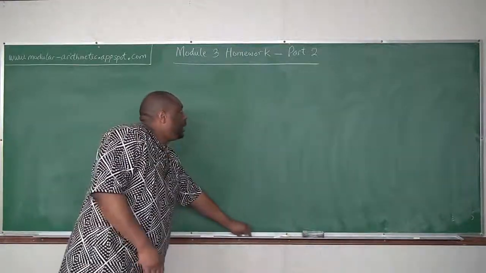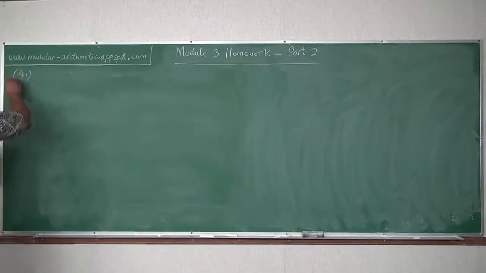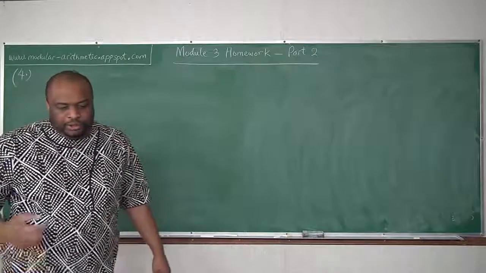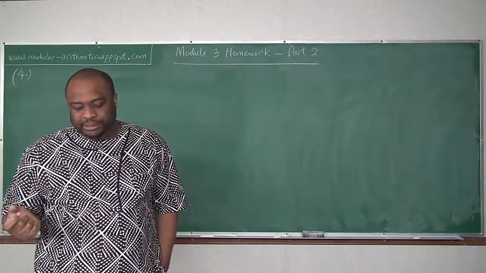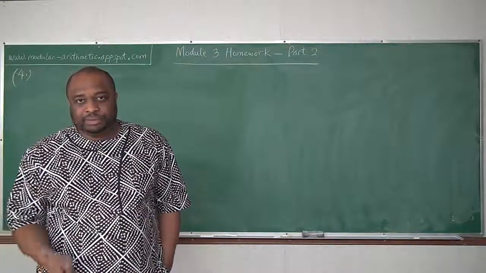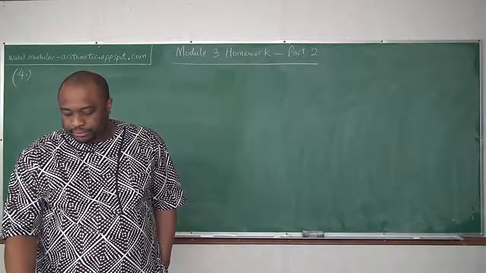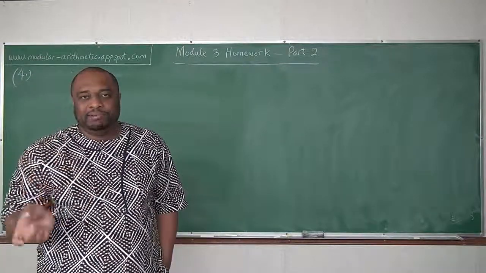Alright, question 4 says, use the Euclidean algorithm to find the greatest common divisor D of these two numbers, the dividend and the divisor.